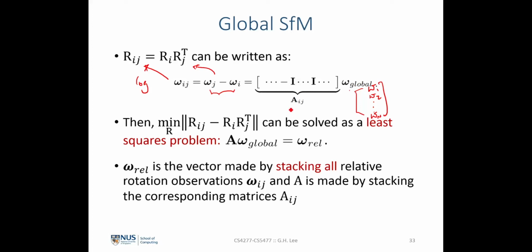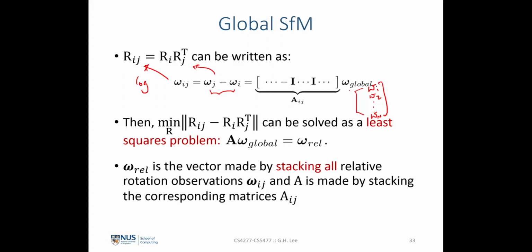And Aij would be simply made up of identity matrices, where it would be identity if it corresponds to the selection of that particular pose in that location. Otherwise, it would be zero.